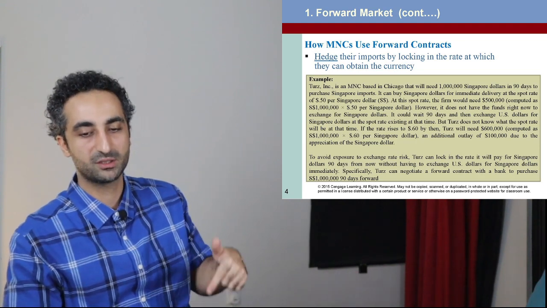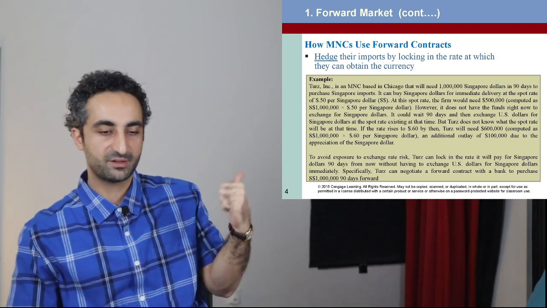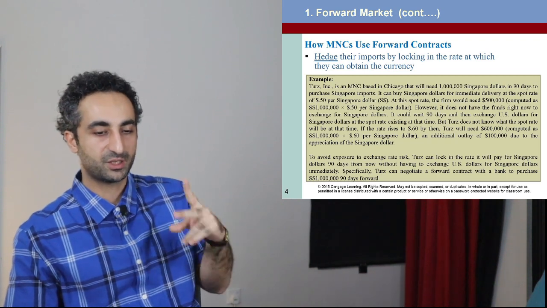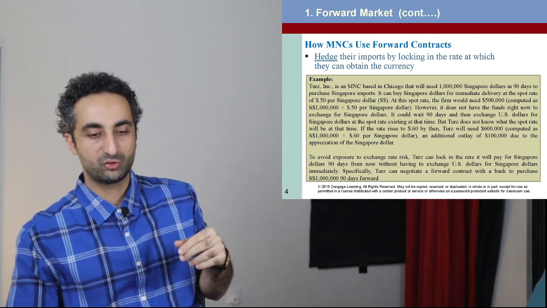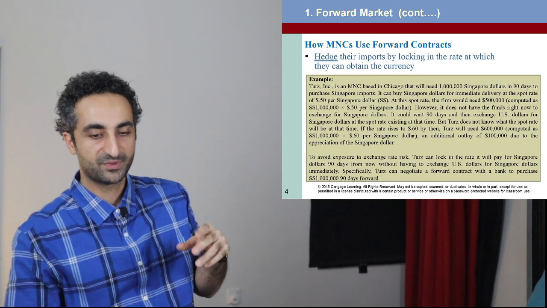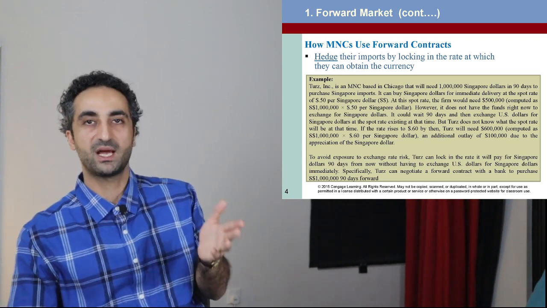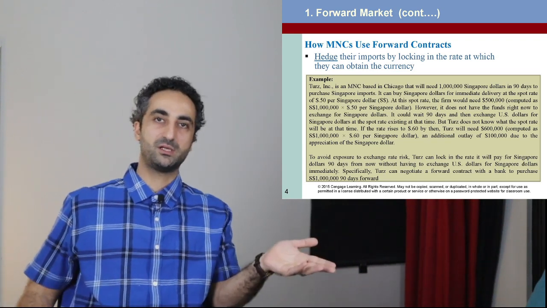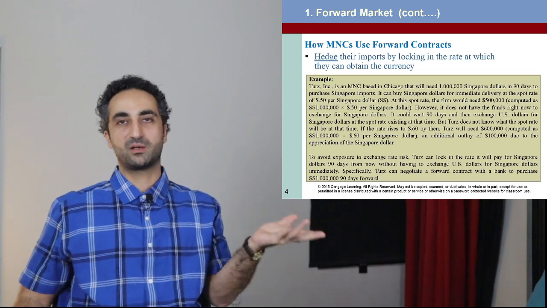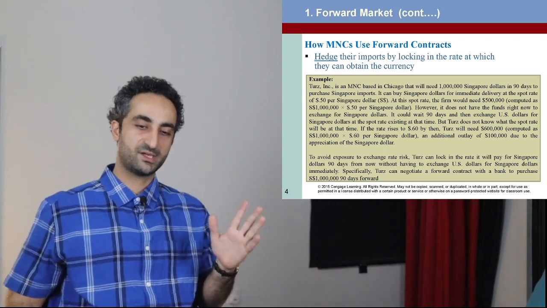Buy Singaporean dollars, immediate delivery, at the spot rate in the market: 1 USD equals 2 Singaporean dollars. Spot rate means you pay $500,000 USD, you get 1 million Singaporean dollars, keep it in the safe. We said we don't want to do that.